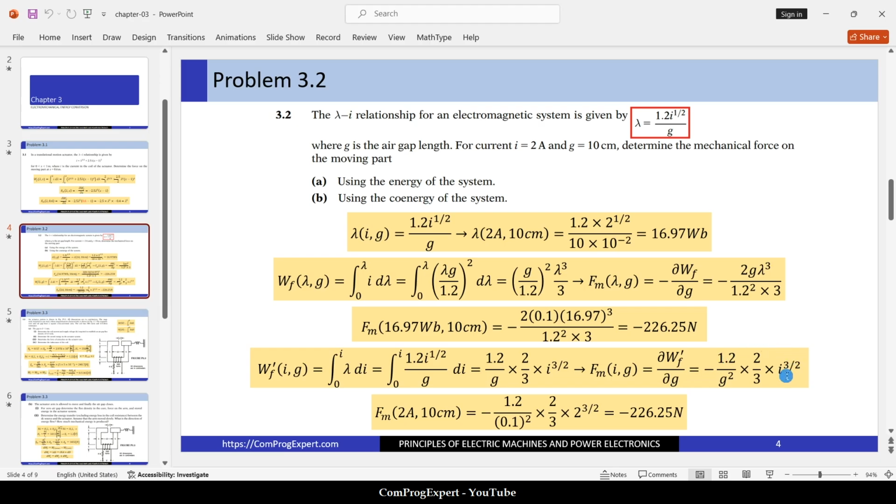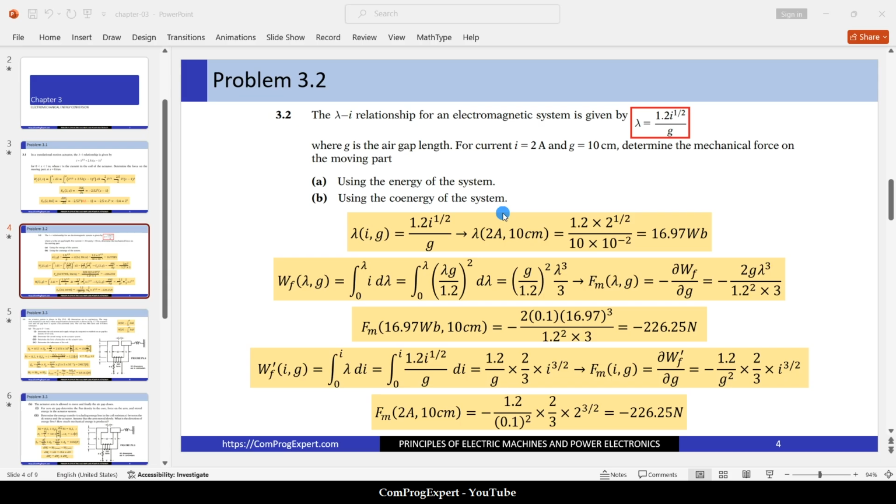We have this. So if you replace the numbers, the value of the force again will be equal to negative 226.2. This is the important point of this problem that you should keep in mind. It is not important whether you use the energy formulation or the co-energy formulation. Both methods must result in the same number for the value of the force.